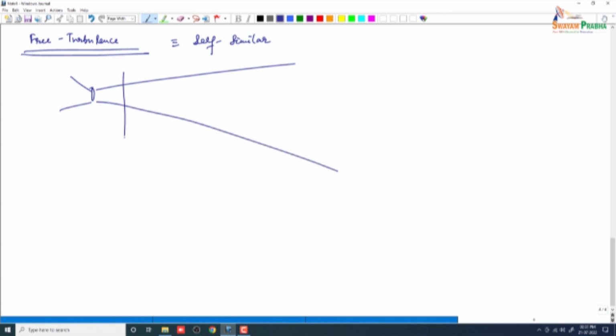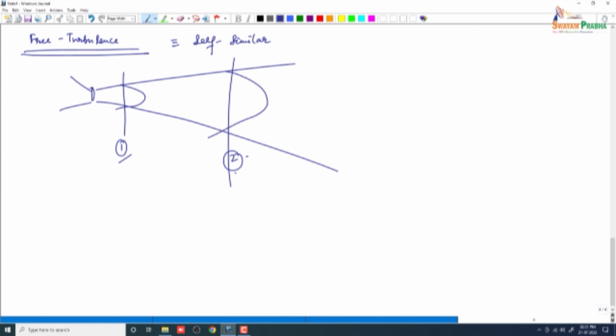Free turbulent flows are essentially bounded on at least one side by ambient fluid of nearly the same density, which is not turbulent and is irrotational. So what you see here are two sections with a drawn velocity profile. Now, self-similarity essentially means that the velocity profile at section 2 is just a scaled up version of the one that you see at 1. Or in other words, they're essentially the same flows at 1 and 2, except they differ by a certain factor. So that's what we understand by self-similar.